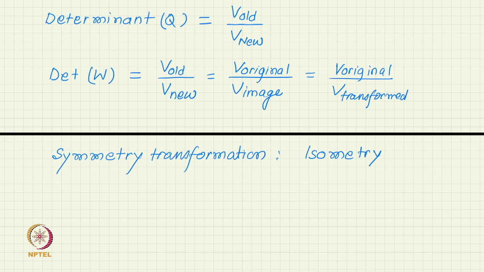If lengths and angles do not change, then what can you say about the old volume and the new volume? The magnitude of the volume will not change, because all lengths are the same, all angles are the same.